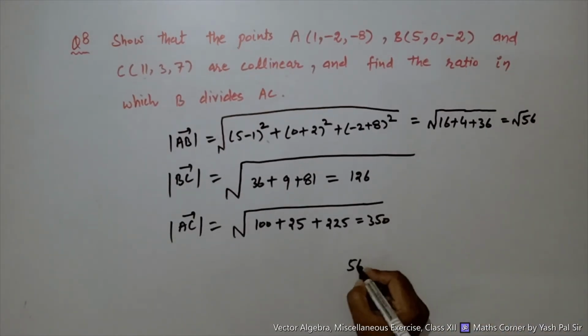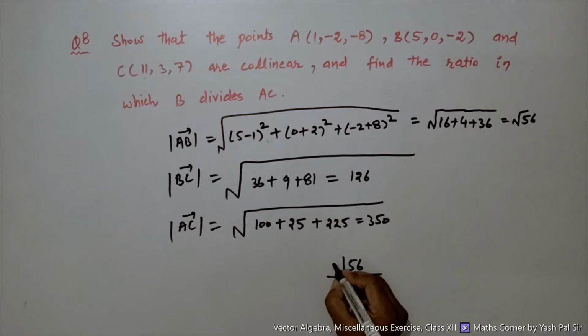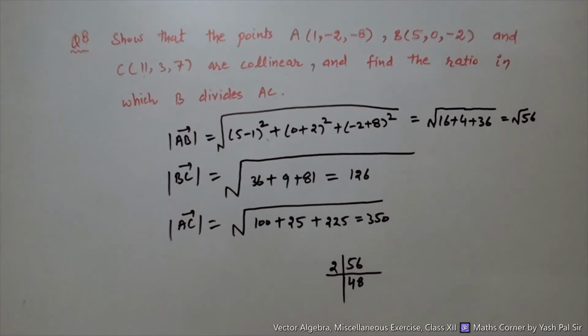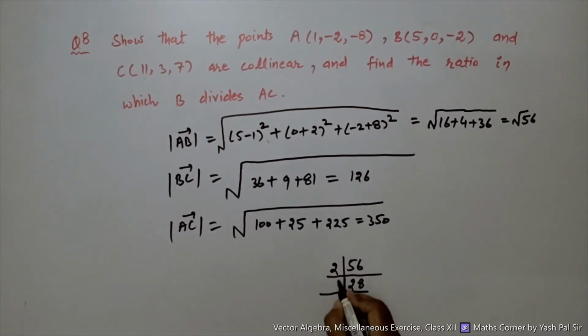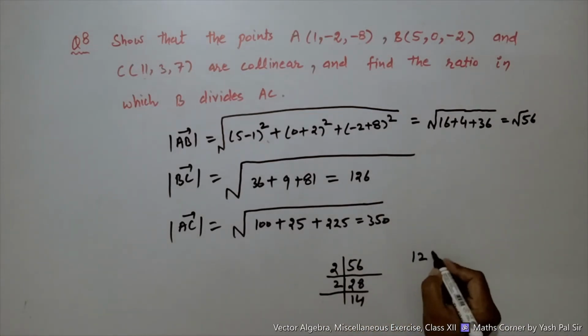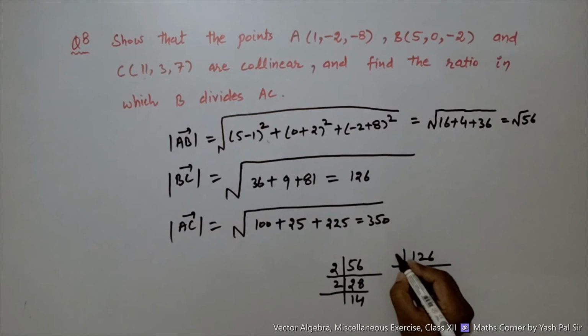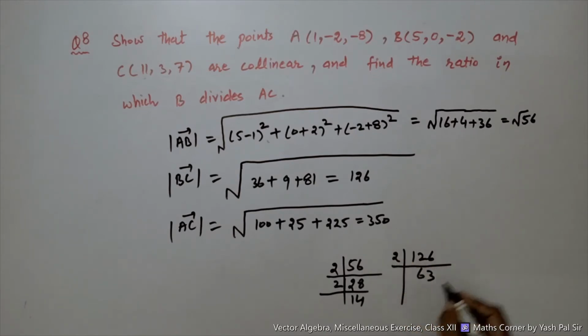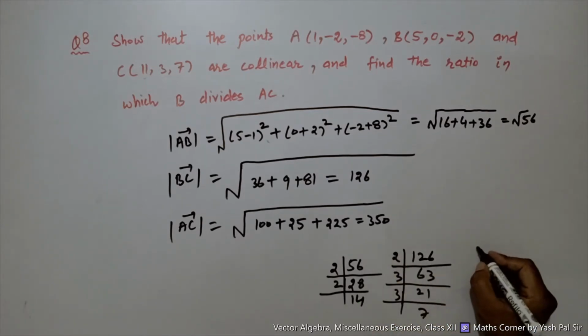Now what is 56? Prime factorization: 2 2s are 4, 2 8s are 16... Next we have 2, 14, 2 7s are 14. Similarly for 126, the prime factorization: 3 2s are 6, 3 1s are 3, 3 7s, 7 into 2 again 14.